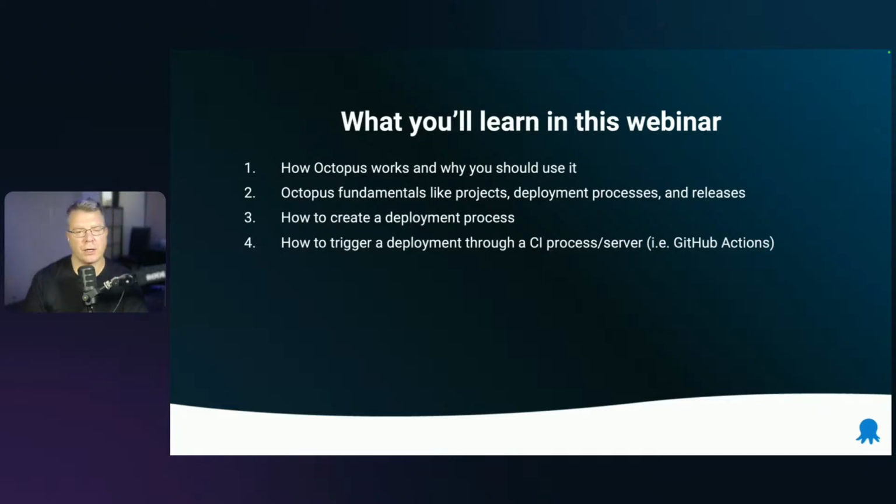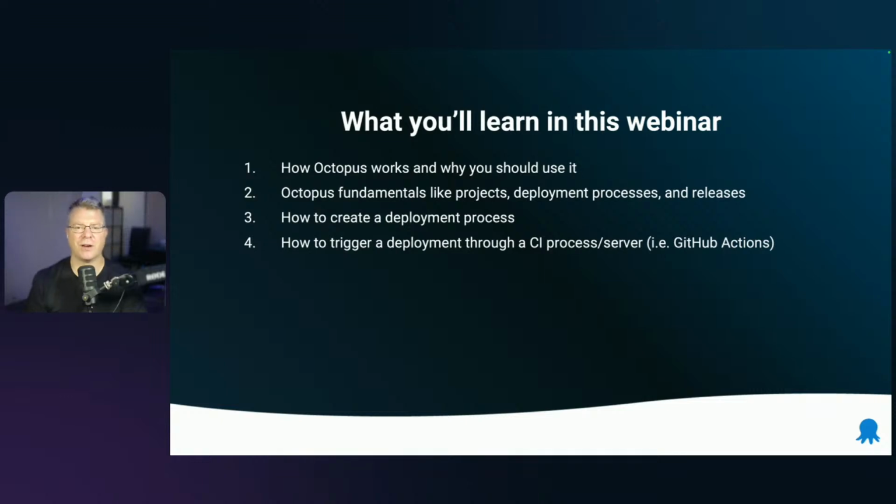We'll then show you how to create a deployment process from scratch. And then we'll wrap things up by talking about how you can trigger a deployment through a CI process or server. CI stands for continuous integration. It's the set of things that you'll do as part of a pipeline. These are things like tests and builds and things like that. And it's typically where a pipeline begins, but not always.